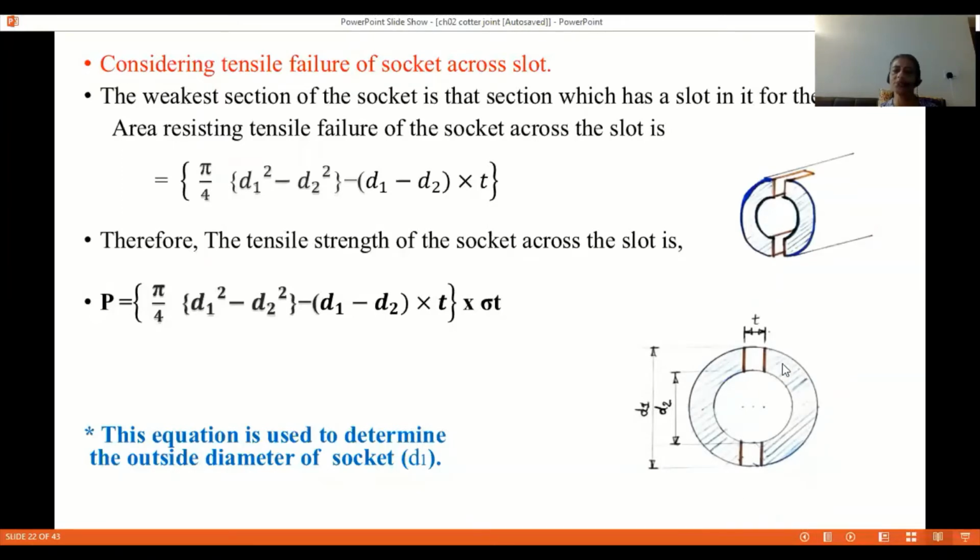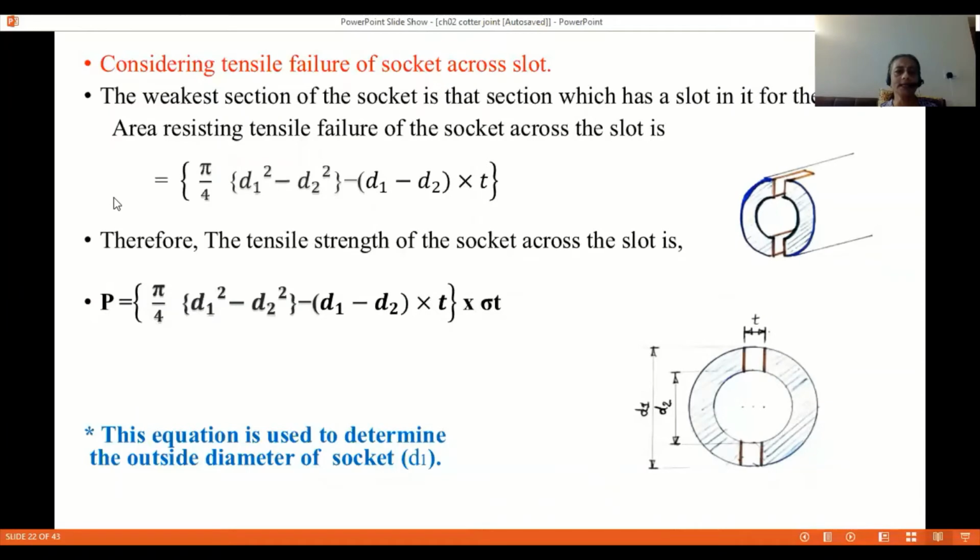Seeing this sketch, we have to consider the shaded area. So actually it is the difference of two circular areas, and then we have to subtract this rectangular area from those two circular areas.